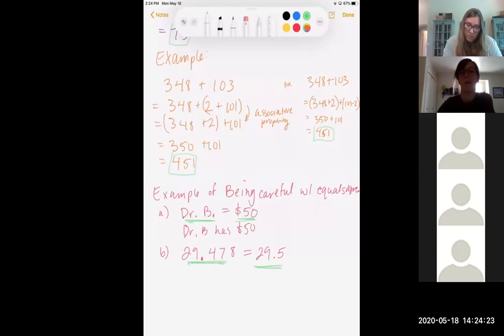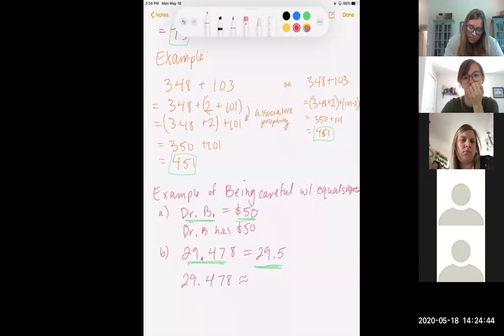Yeah, because it rounds up. Like anything over 5 rounds up, so it would make that 7 and 8. Oh no, that's not right then, because it's not the same. Yeah, they're not equal. The equal has to be exactly the same. So what should I put here instead of the equal sign? It's the squiggly equal sign, which means approximately equal to.